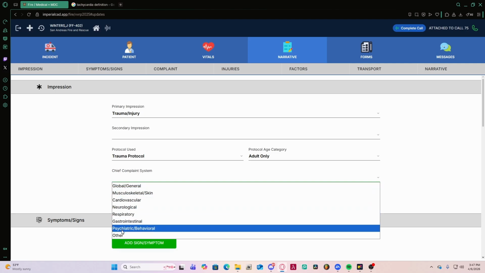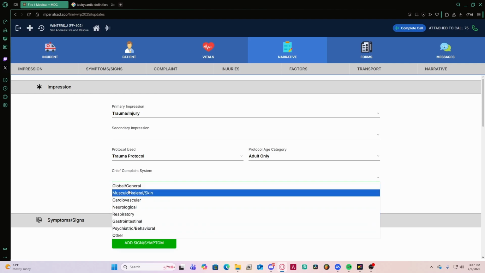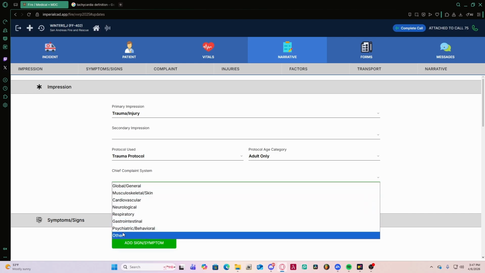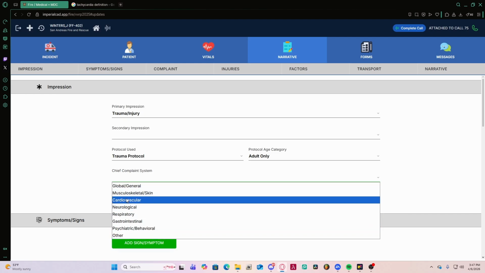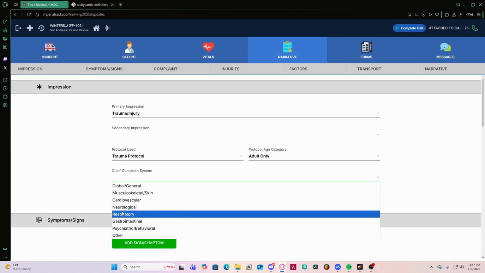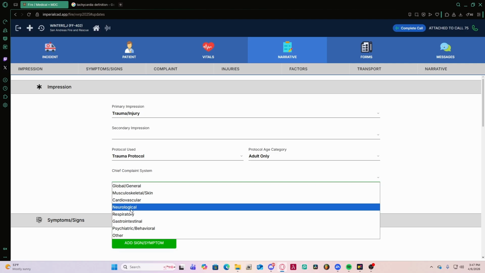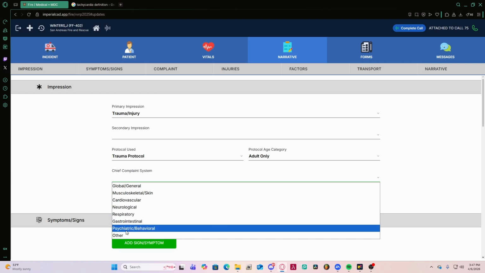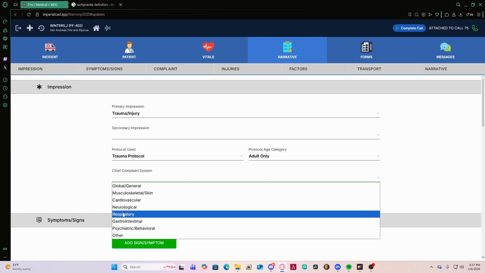Now this is kind of pie in the sky for me because we got head injury. I think that's where the head injury stuff comes in. It's neurological, cardiovascular, musculoskeletal / skin, global, general, respiratory, gastrointestinal, psychological, psychiatric. So where is the pain coming from?